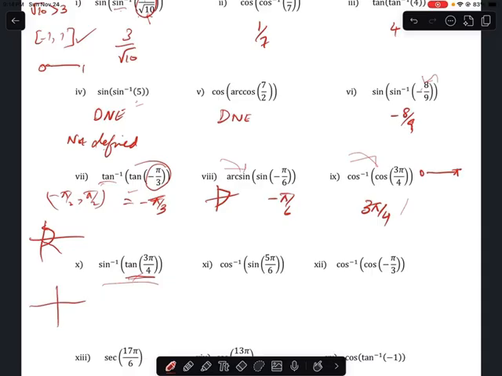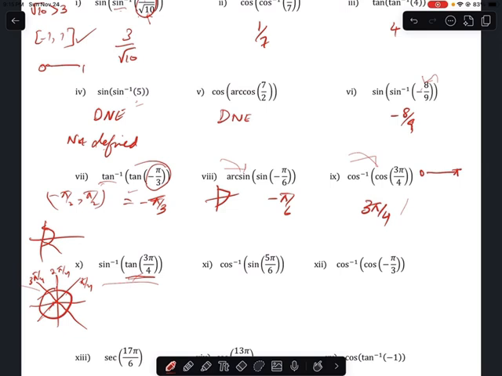Now for the cosine, the range is from 0 to pi, and 3 pi over 4 is inside that, so the answer will be just 3 pi over 4.